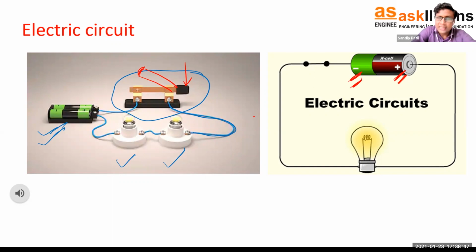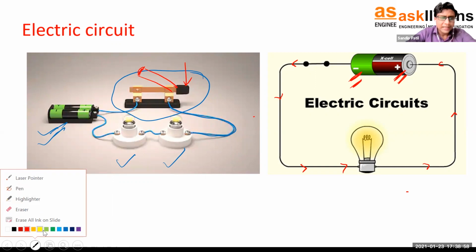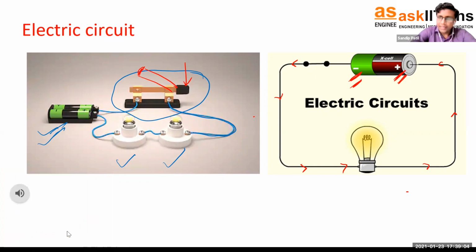Now, what I am saying is that electrons are going to flow from this side like this and will come to the positive side here. Okay, so this is the direction of the electrons, not the current. If you talk about the current, what is going to happen? Current will flow from the positive terminal like this, right?